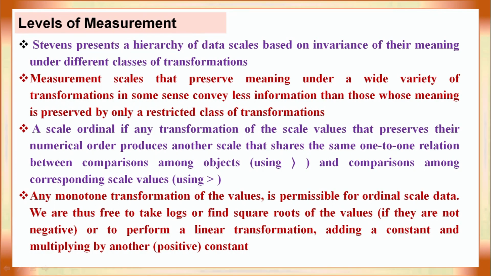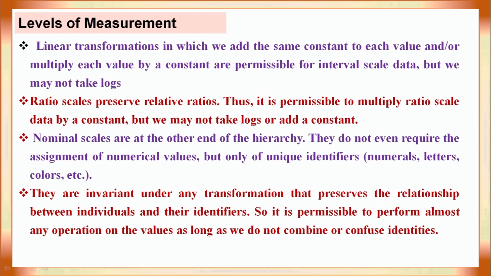You can order the data like A is greater than B. So, whatever transformation you use, if it can preserve the order, that transformation is permissible at this level. Monotonic transformations, like the use of the log, are basically permissible at the ordinal scale level. If you take the square root, that is also permissible at the ordinal scale level.